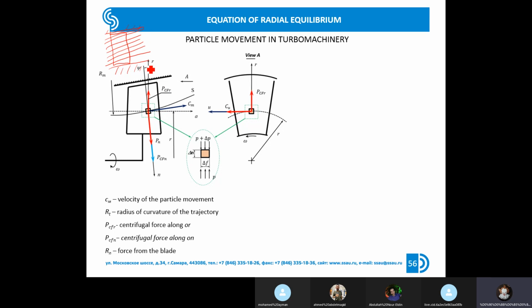And it's a very good idea to realize layering flow. What does it mean?